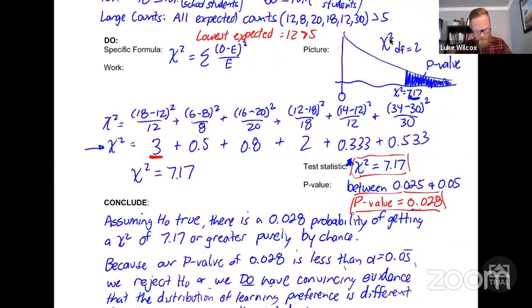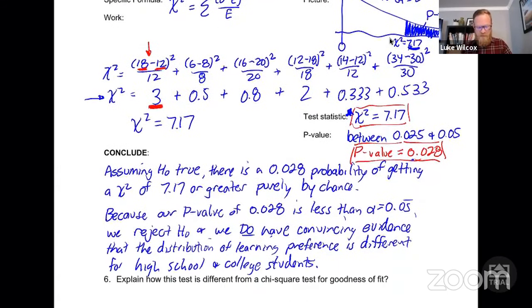And let's look back at that calculation. That was the high school students who said that they preferred learning at school. And it appears that the observed value was much higher than what the expected value was. And that's why we ended up with this pretty large component here. So this is what we call the follow-up analysis. And as part of the follow-up analysis here, I'm just going to tack this on to the end of the conclusion.